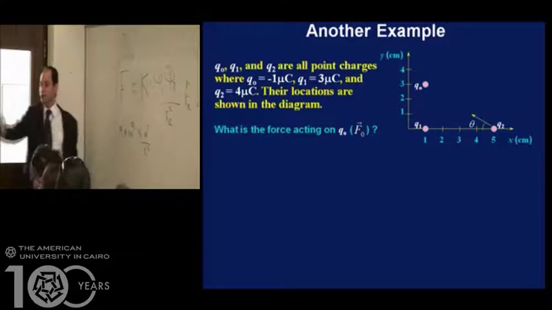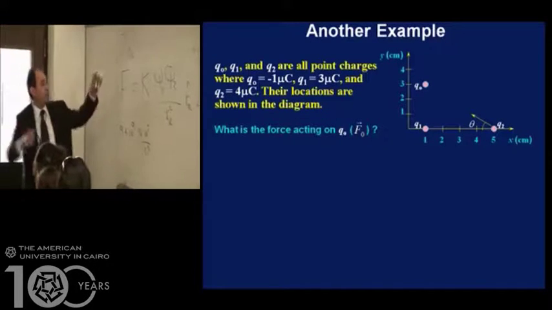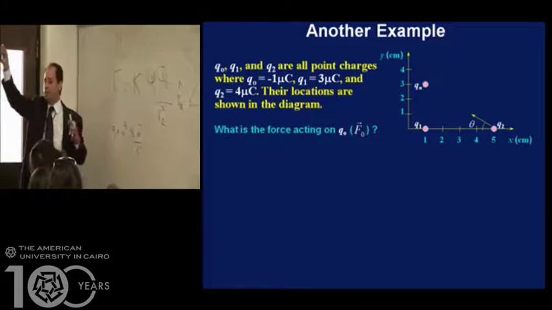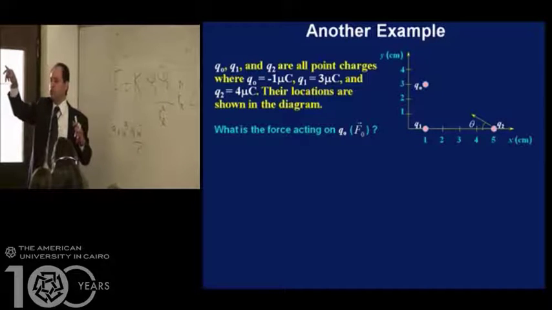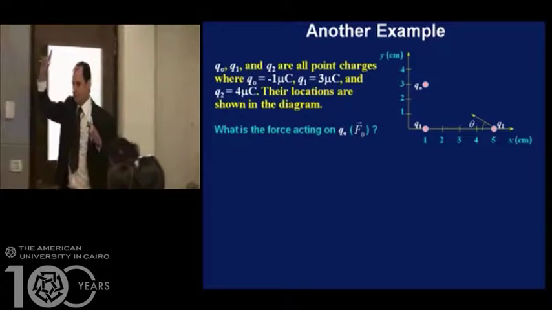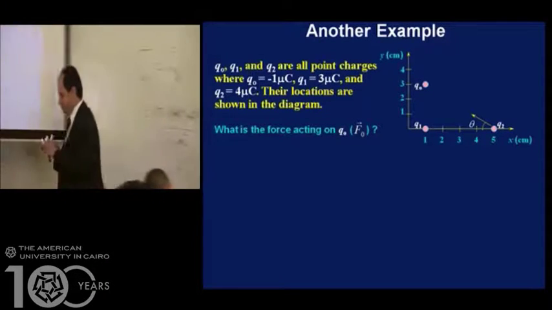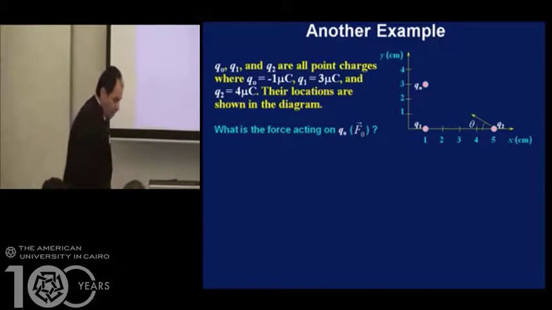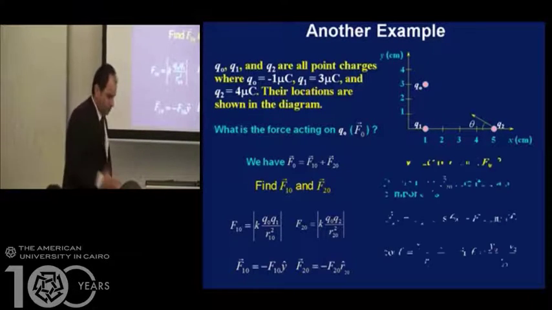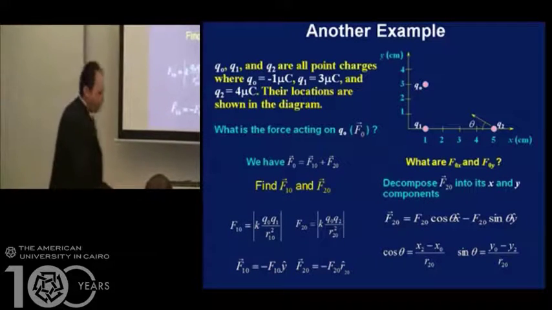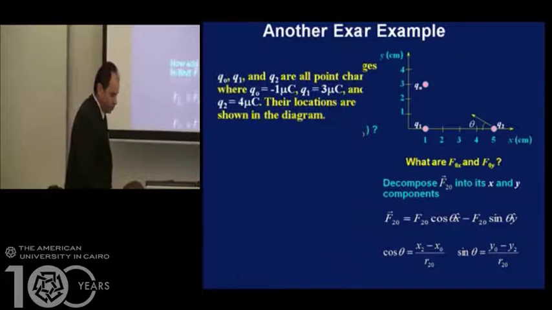Right? And that's exactly what we did. The force F is KQQ divided by the distance between the two charges squared. So if we plug in the values, we should be able to find the forces on Q0.